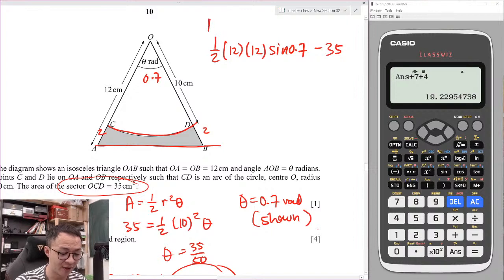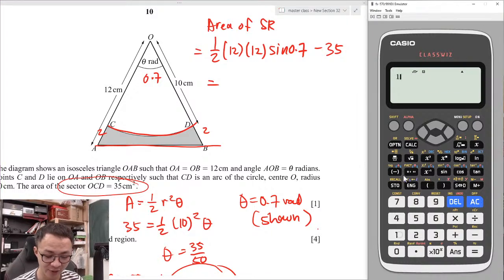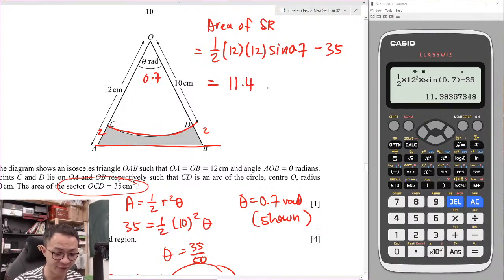So this is the area of the shaded region, which is the last part here. It's 1 over 2 multiply 12 squared multiply sine 0.7, and then minus 35. The area of the shaded region is 11.4 centimeters squared. This is that easy.